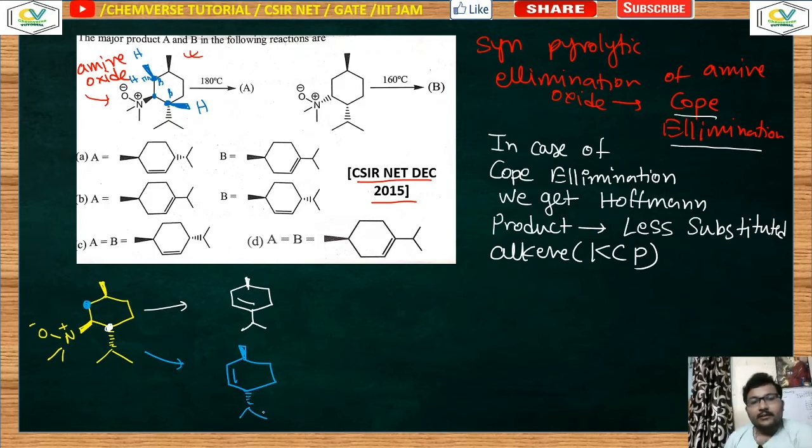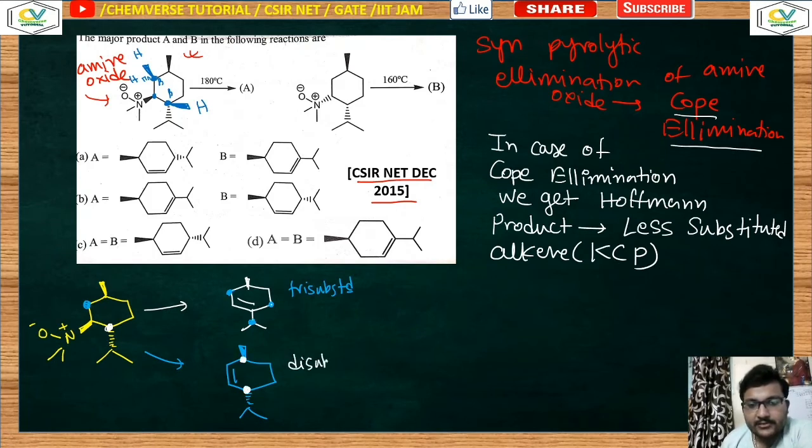Now in the first case, this double bond, 1 2 3, is nothing but your tri-substituted one. But in the second case, this double bond is di-substituted, 1 and 2.